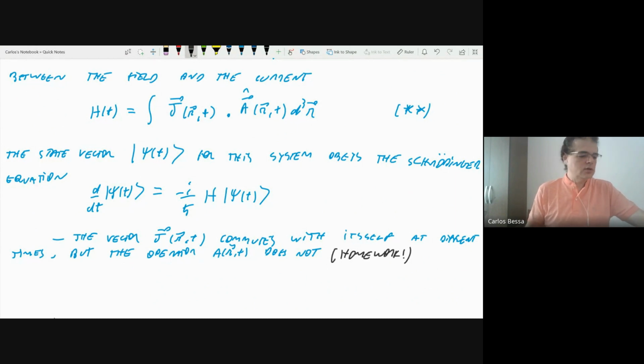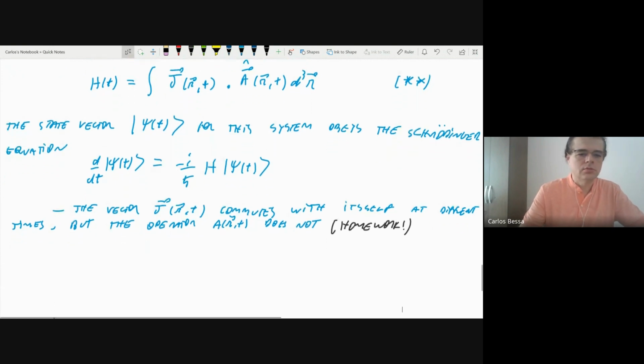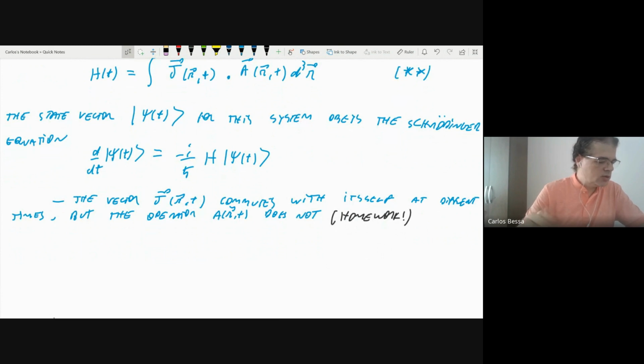A doesn't commute with itself because of the definition, right? It depends on A and A dagger, and A and A dagger do not commute. But okay.